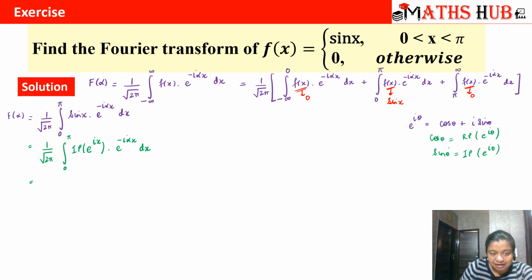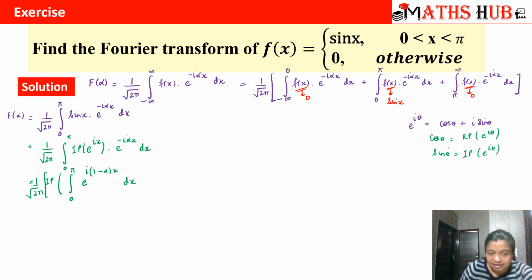So the imaginary part I can take outside because I can calculate the imaginary part of the entire integral later on, right? So I have 1 by under root 2 pi into imaginary part of the integral 0 to pi, and now I can integrate it. How? I can take out iota common. I can write it as e to the power iota (1 minus alpha) x dx, isn't it?